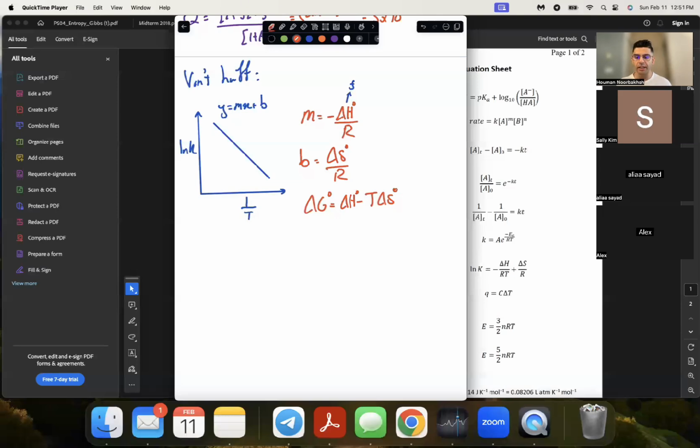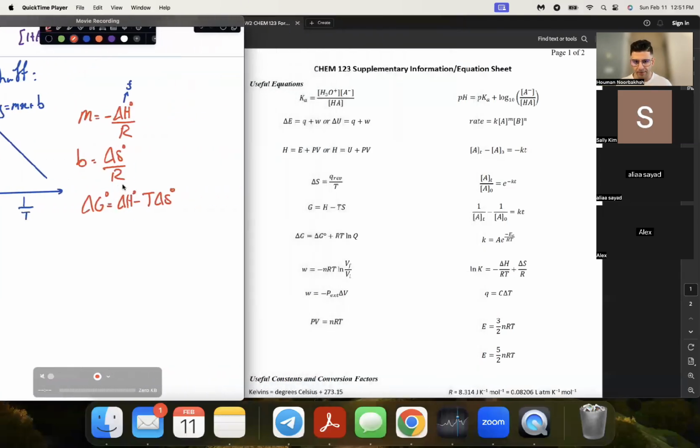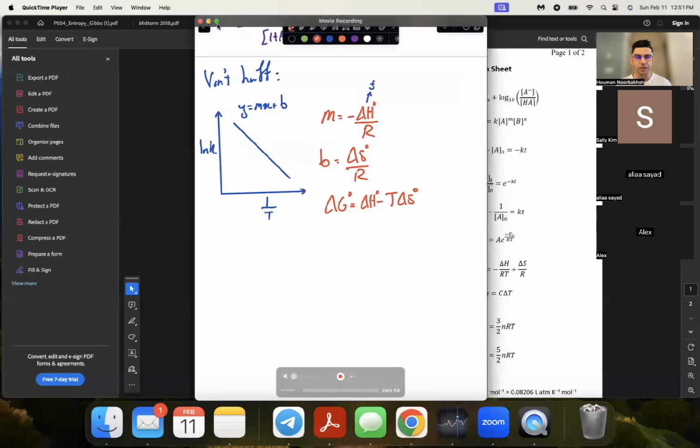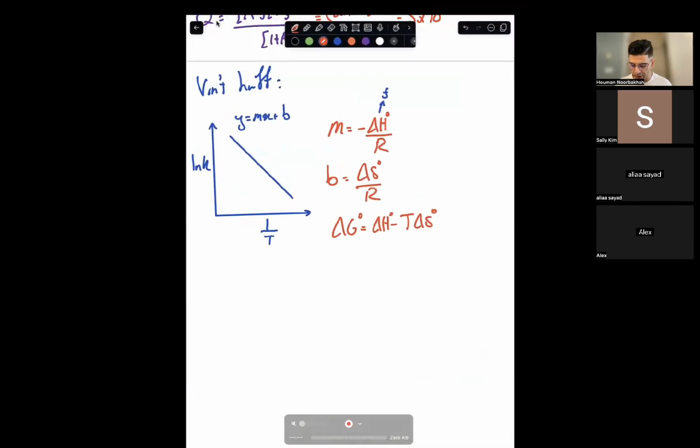There's another equation that they derive, and that one is definitely not given. So you must memorize it. It's a super high yield equation.